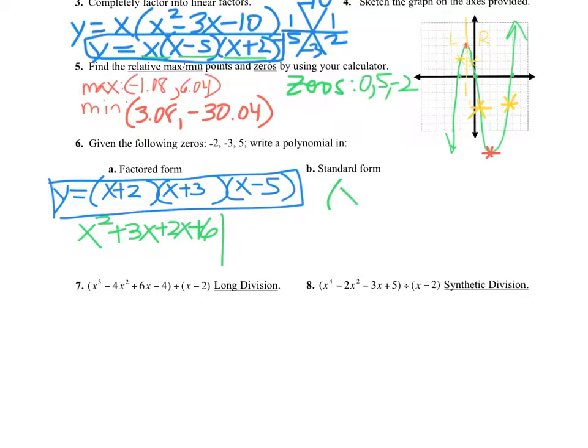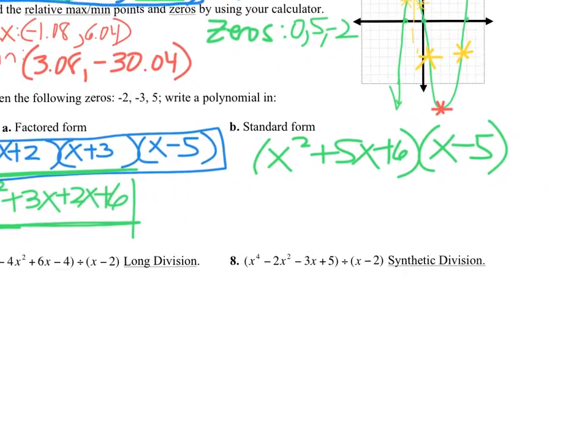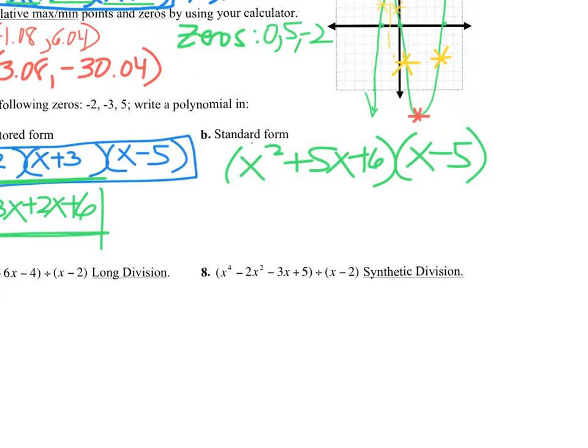Simplify that. I'm going to go over here now. So I have x squared plus 5x plus 6, and I'm going to multiply all of this by x minus 5 now. So you take the first 2, these 2 right here, I foiled them out, and I got x squared plus 5x plus 6. Now I'm going to do superfoil. Are you ready to superfoil? X squared times x is x cubed.